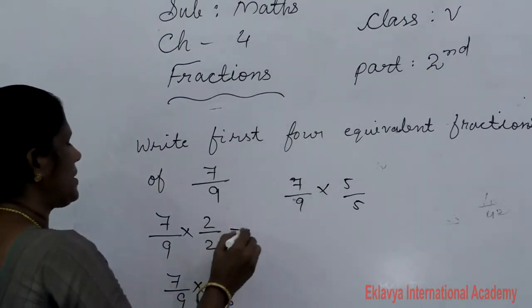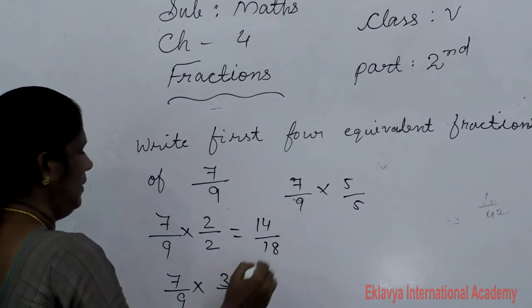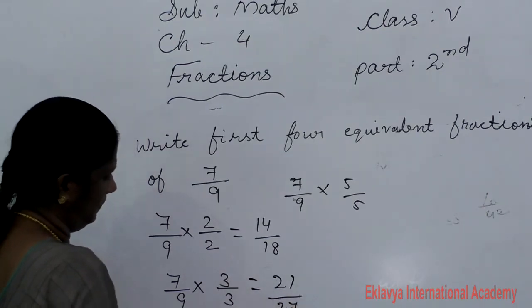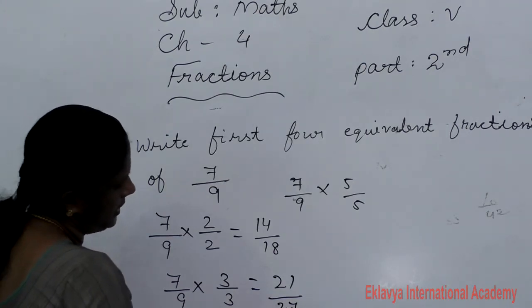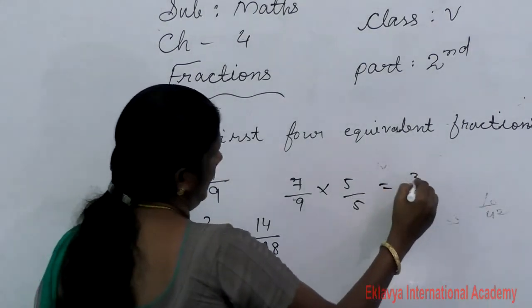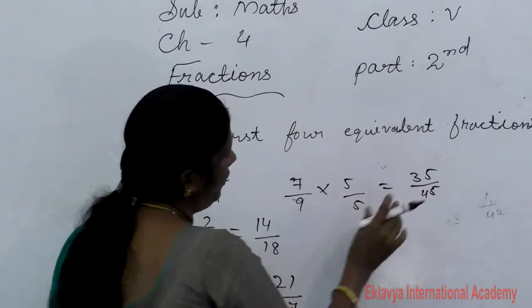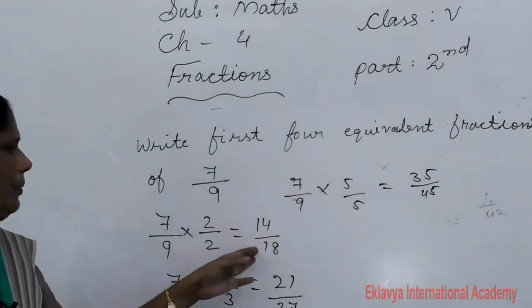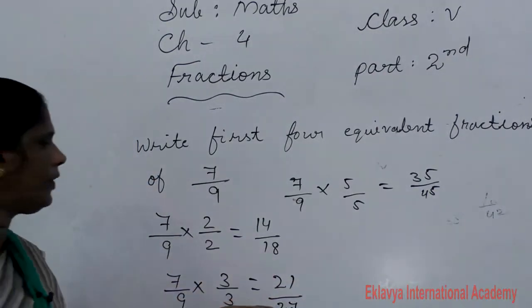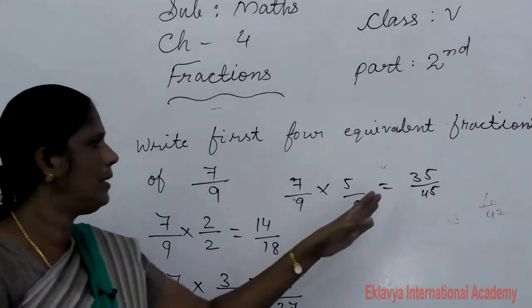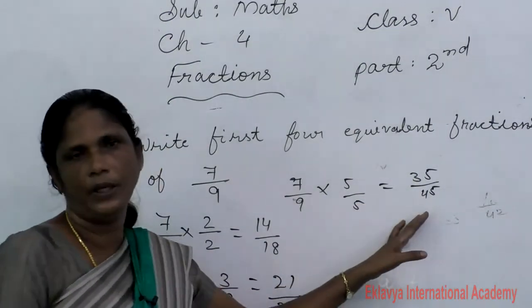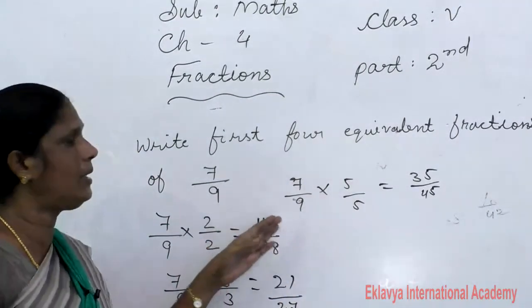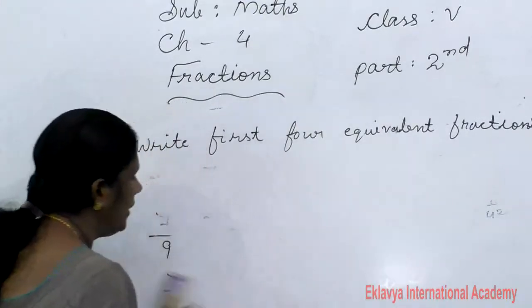Then multiply this. Then 35 upon 45. Then you write the equivalent fractions: 14 by 18, 21 by 27, 28 by 36, then 35 by 45.